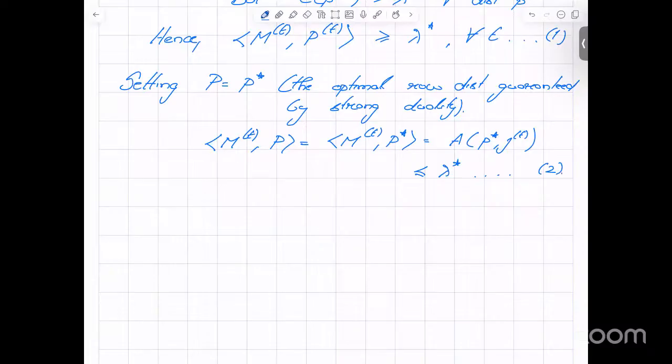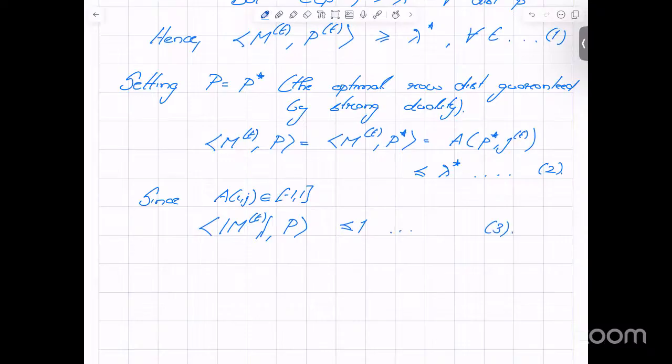And then the other one, M P, this is a quantity lying between -1 and 1. And when I take it with the probability vector P, this is a quantity at most 1, since A_ij belongs to [-1, 1].